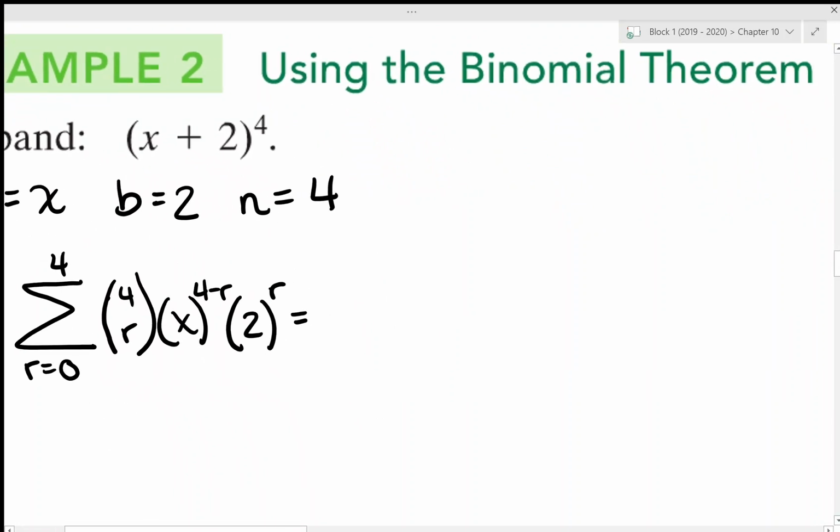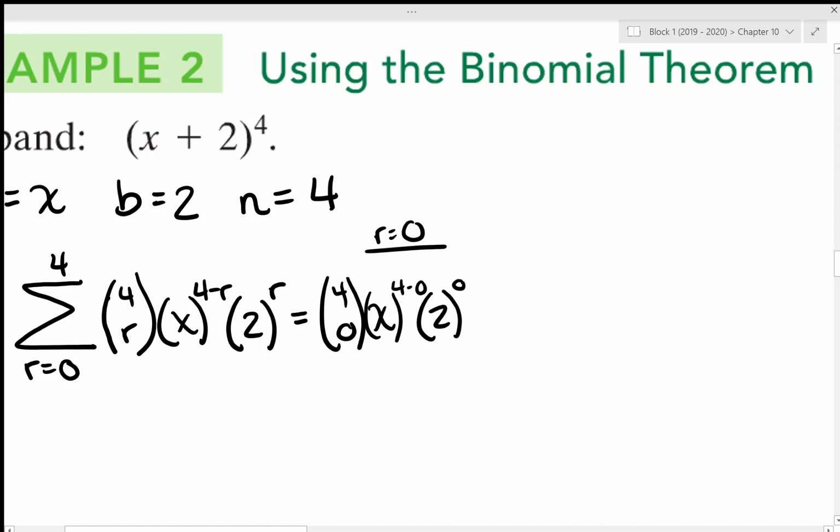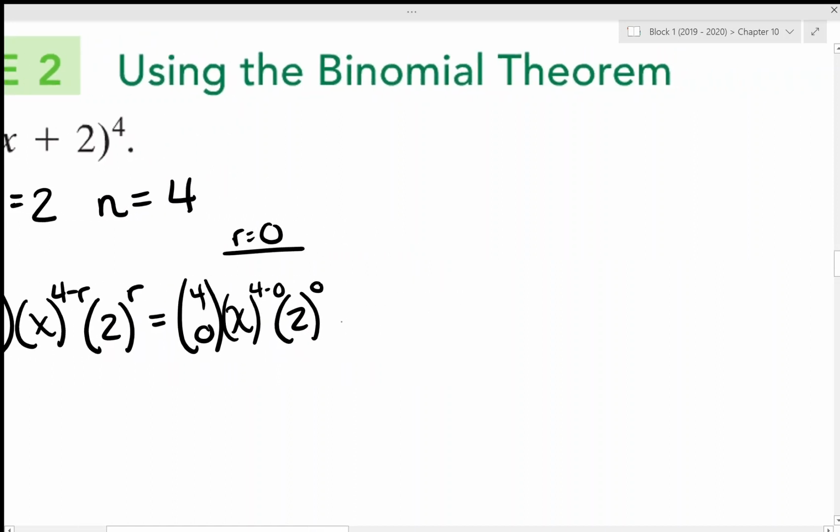I have to start with an R of 0, so it's going to be 4 above 0, x to the 4 minus 0 power, 2 to the 0 power. Now remember, with all the summation, we then put a plus in front. So your first term, when you do x plus 2 to the 4th power, will be all of this.